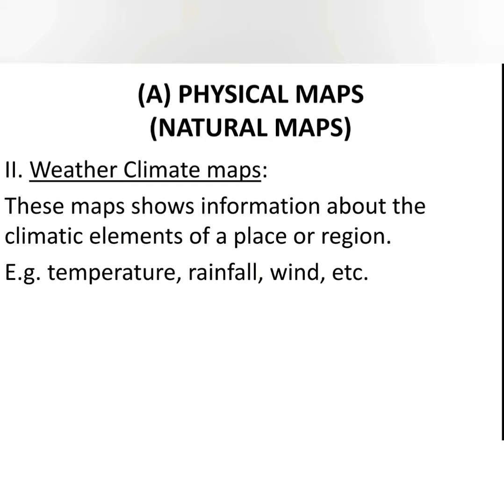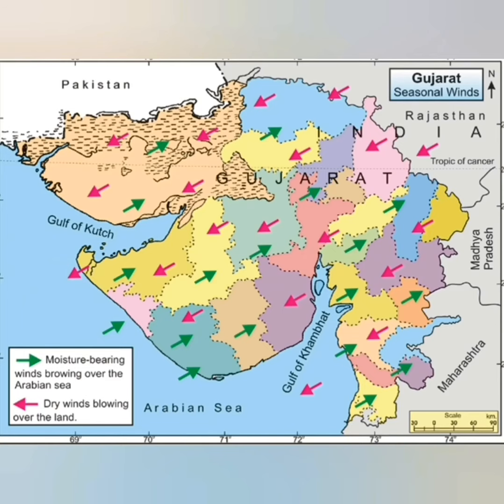For example, sometimes in a weather forecast news, you all might have seen a map in which they draw clouds and raindrops to show that in a particular state there are high chances of rainfall. In this map, the direction of seasonal winds is shown.